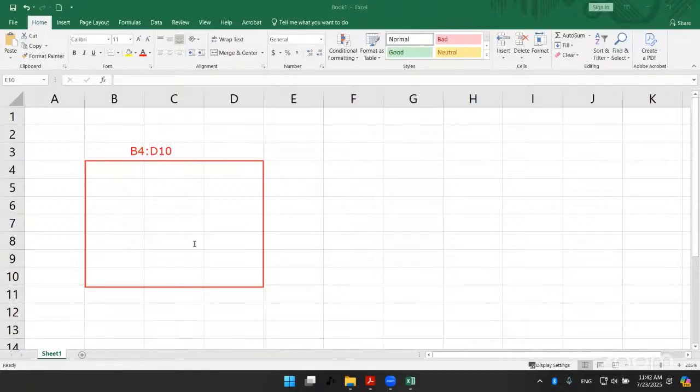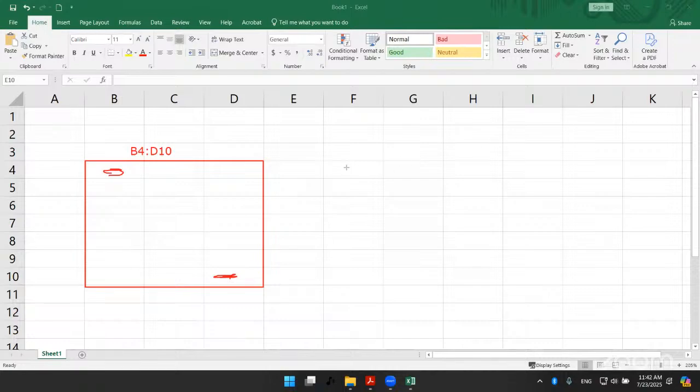That's how we write the cell range: top left and bottom right.